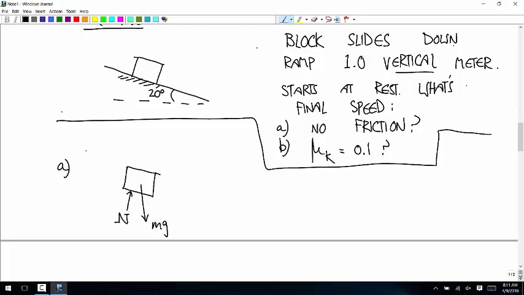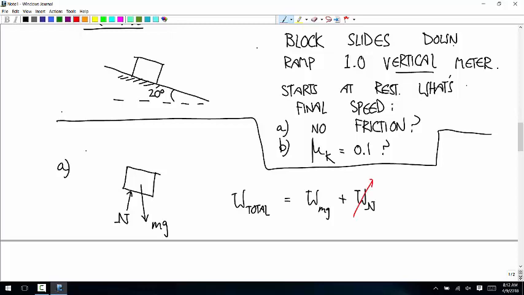Okay, so we know that the total work is going to be the work done by the weight force plus the work done by the normal force. And what do we know about those that makes us just giddy with joy? Yes.